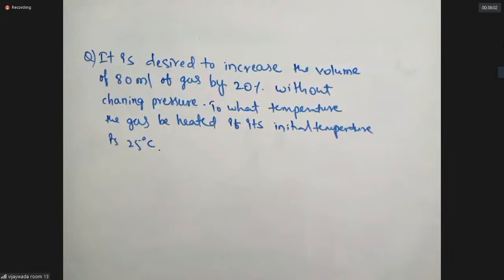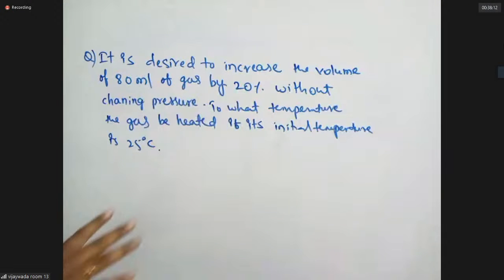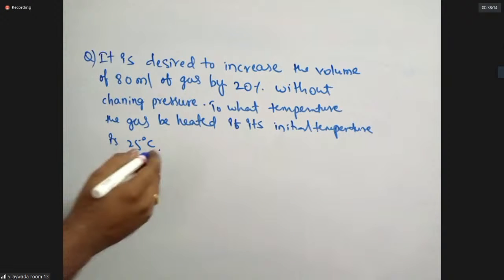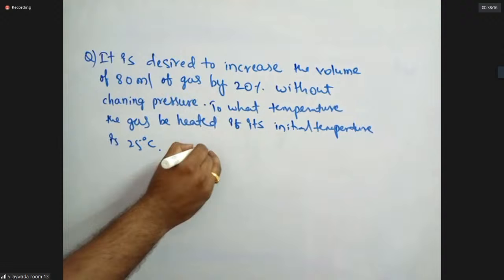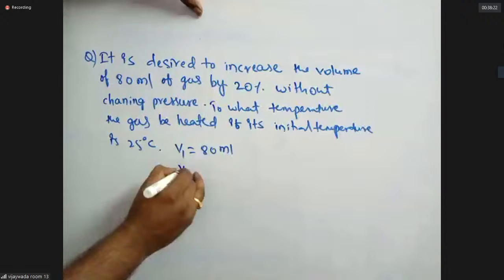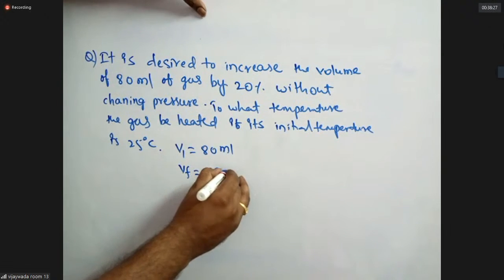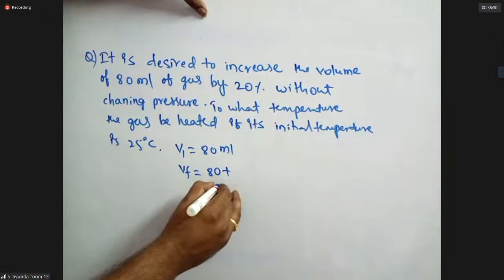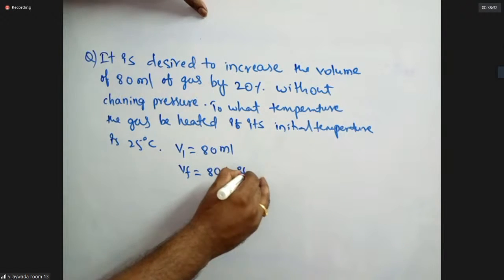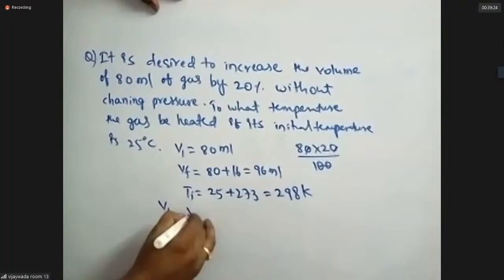Okay, very easy question. It is desired to increase the volume of 80 ml of gas by 20 percent. Initial volume is 80 ml. V final must be a 20% increase: 80 ml plus 20% of 80.